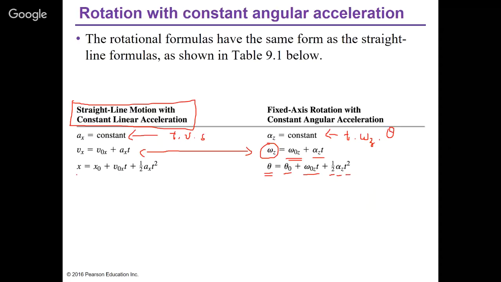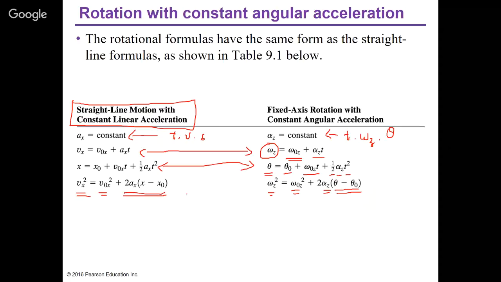Okay, that again has an exact analog to the linear motion. And here this equation relates the angular velocity to the change in the angular displacement and angular acceleration. Okay, so it follows exactly the same form as the linear equation. And this one as well.